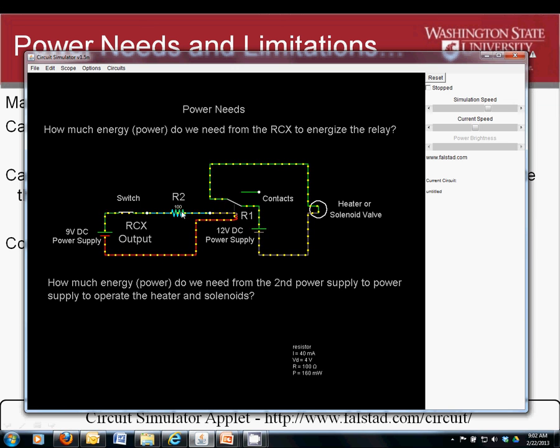If the relay needs 5 volts, as we hover over the relay coil, it has 5 volts coil voltage and 40 milliamps going through it. If we add this up, the power supply is providing 40 milliamps and 9 volts, which is approximately 360 milliwatts. And so as long as the RCX can handle providing 360 milliwatts in real terms, this will work out just fine.